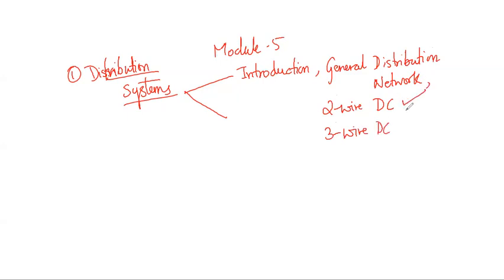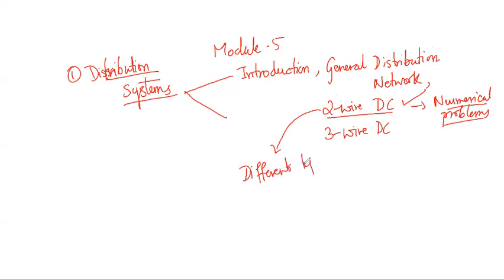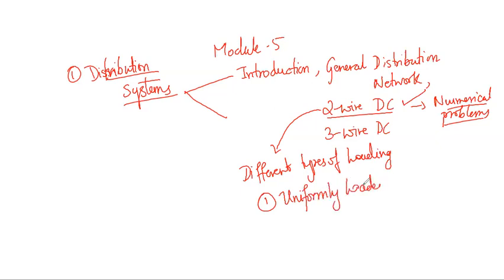For two-wire DC distribution, you will have numerical problems with different types of loadings, where you will have uniformly loaded and concentrated loading.